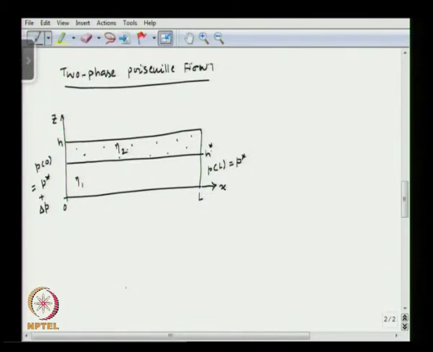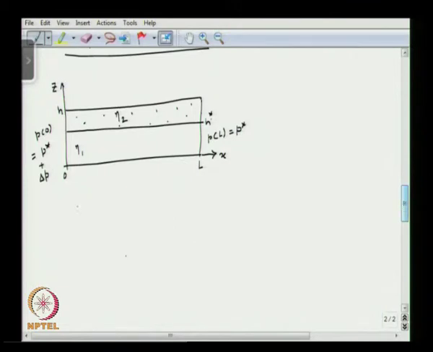So here we have two fluids with viscosity eta 1 and eta 2, and we have a flat interface at z equal to h star.